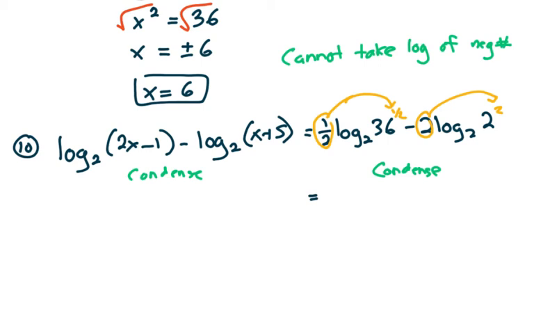So 36 to the 1/2 power is 6, because 1/2 is like saying the square root to the first, if we bow tie that. Minus log base 2 of 4.